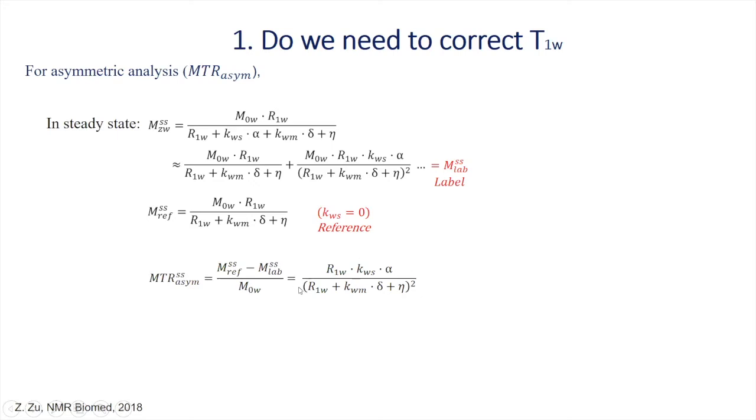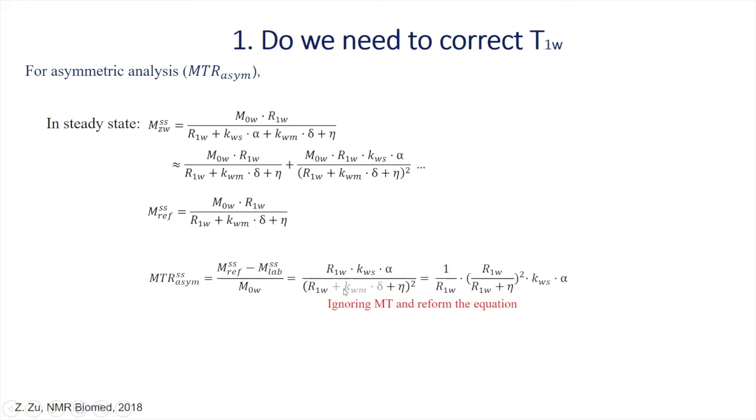And then we get this formula. Compare this formula with the label signal. We can find that the MTR asym can only remove the zero order term, but not the first order term. So we can find that the MTR asym still depends on MT and acceleration effect, and also has a complex dependence on R1W.